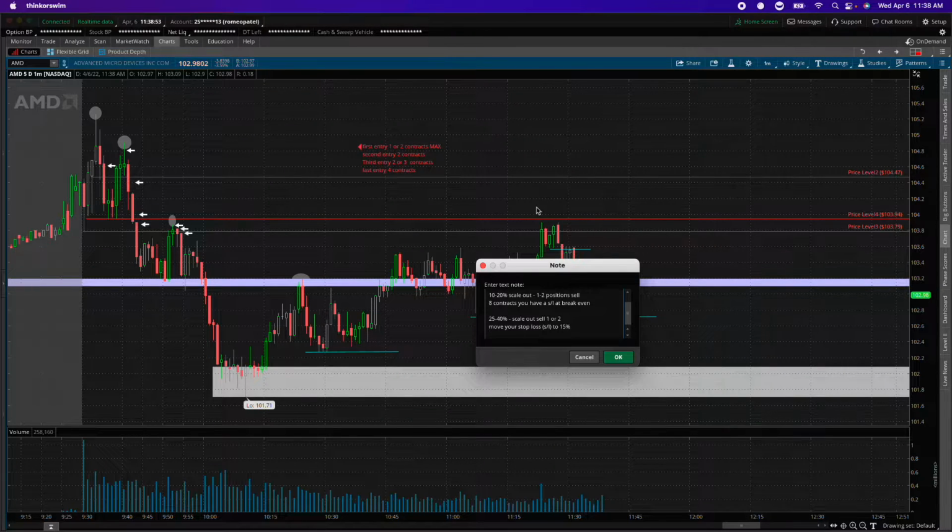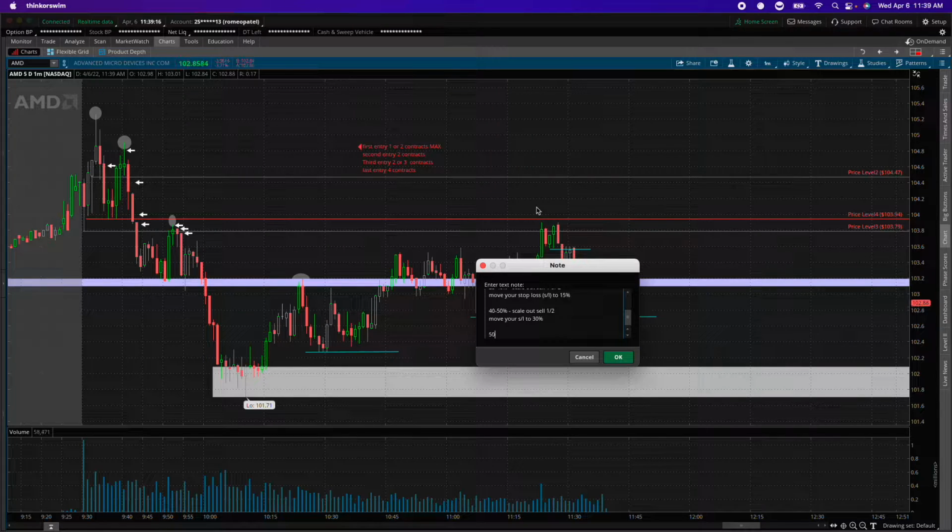That's basically that one. Now, anything above 40, so now we're up at between 40 to 50%. If you are up, scale out, sell 1 or 2, move your stop loss to 30%, right?